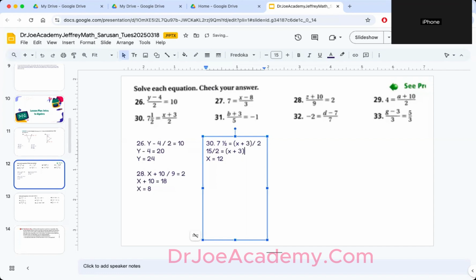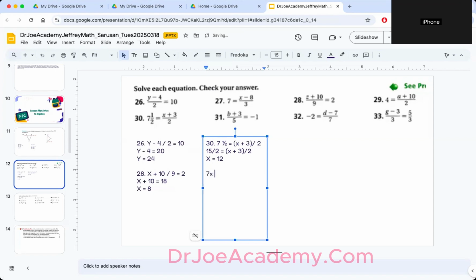Wait, 15 over 2 is also 7.5, interesting. It would still be 15, right? No, it would just be 30 over 2. Okay, so if we're converting a mixed fraction to an improper fraction, we multiply the whole number times the denominator plus the numerator, correct?